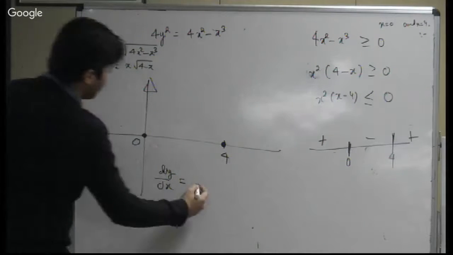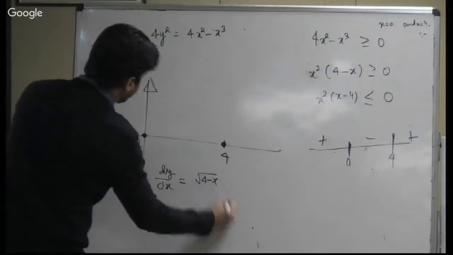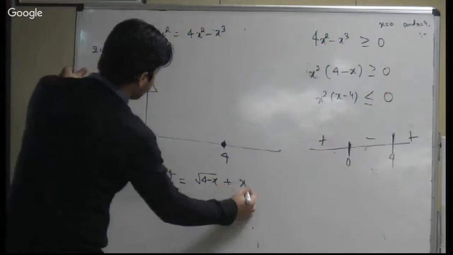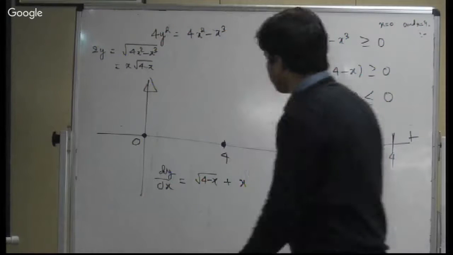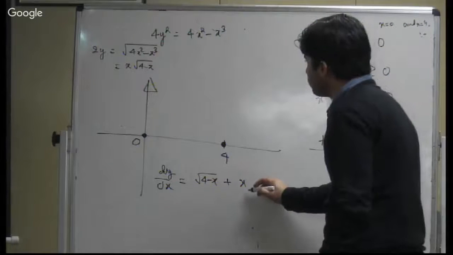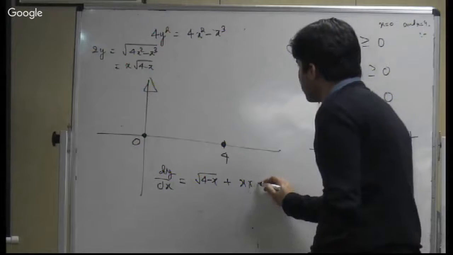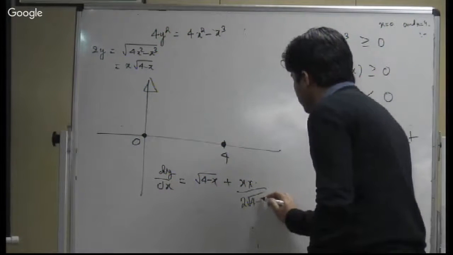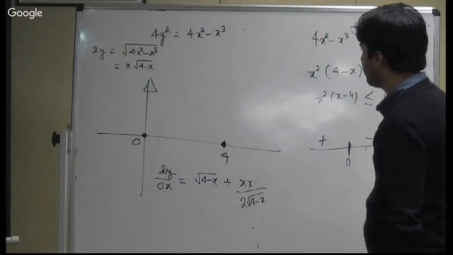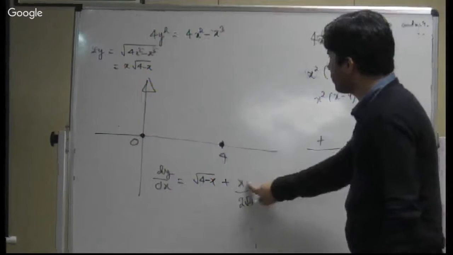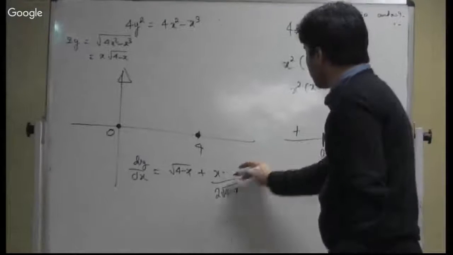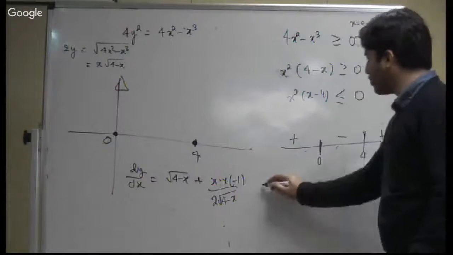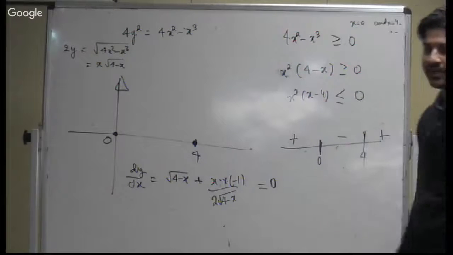It turns out to be under root 4 minus x plus x into, right, and then into minus 1, right? This needs to be equal to 0 for finding the critical point.